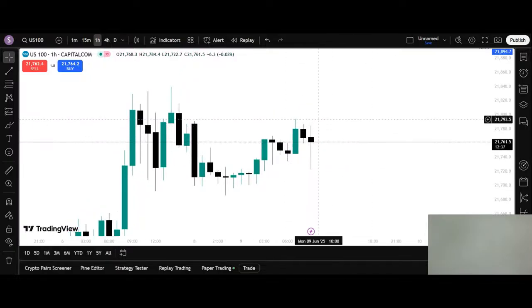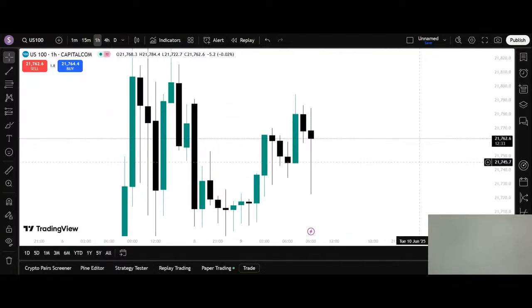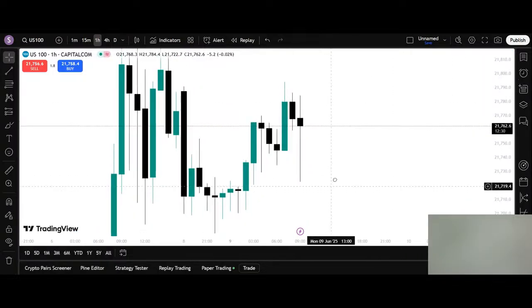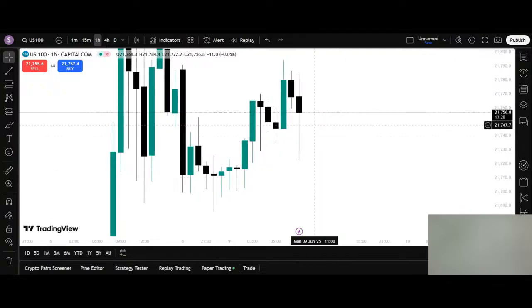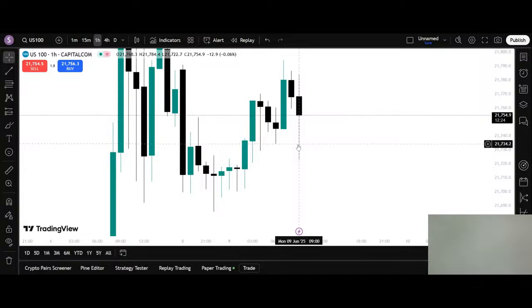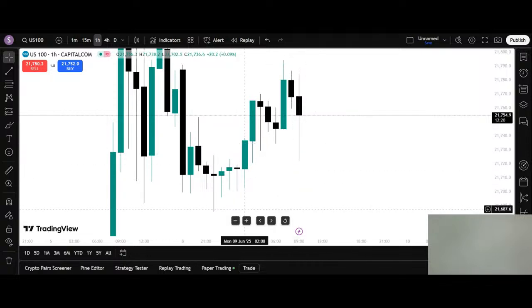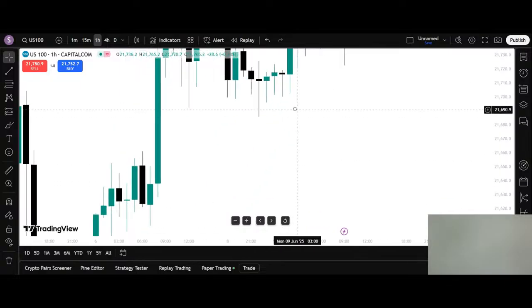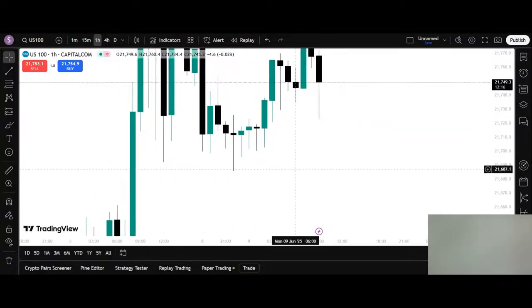There's a very big chance it's gonna go up at 21,794. Let's see how this 1 hour candle closes. If it closes bearish, like for example here, then there can also be a big chance it goes here, where all the sell side liquidity is resting at 21,687, which is our 4 hour target.